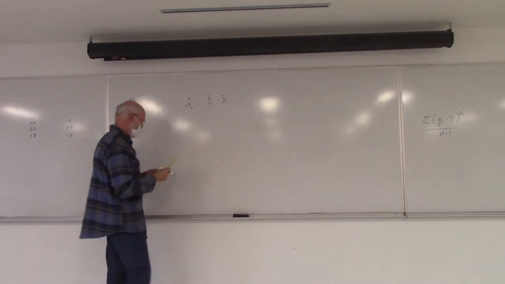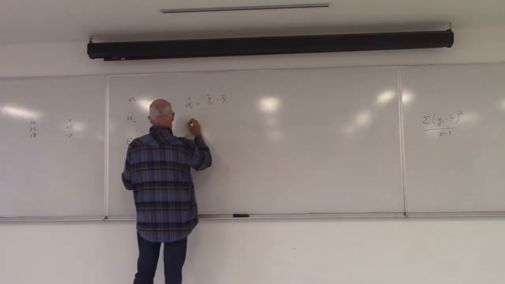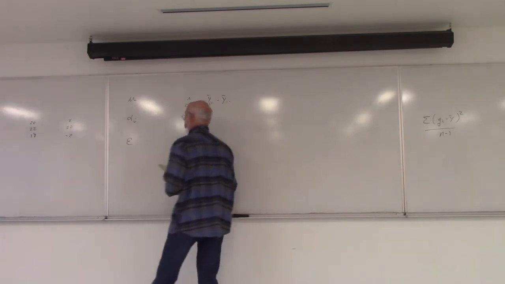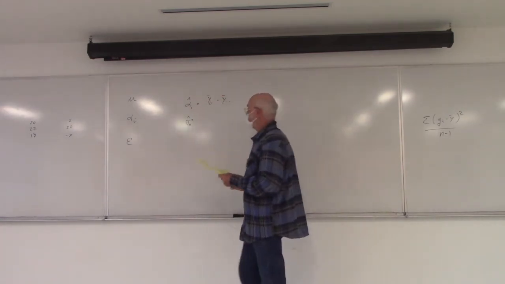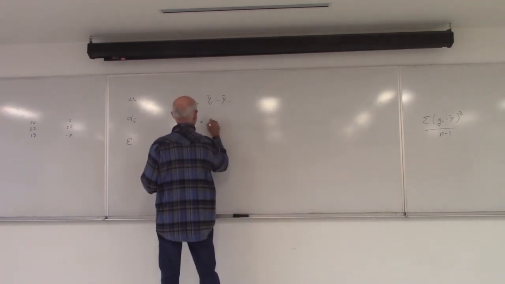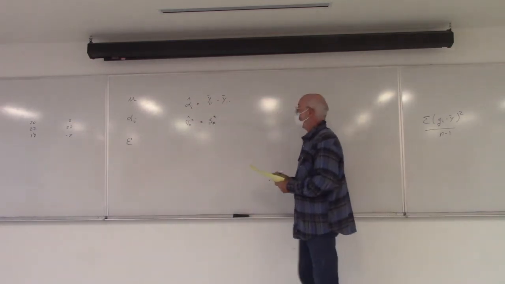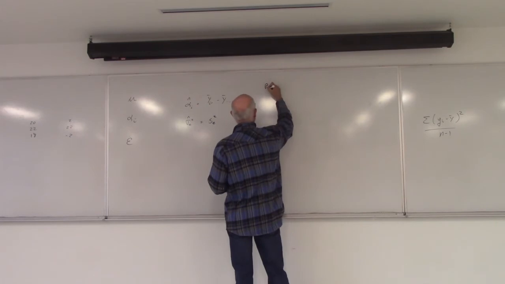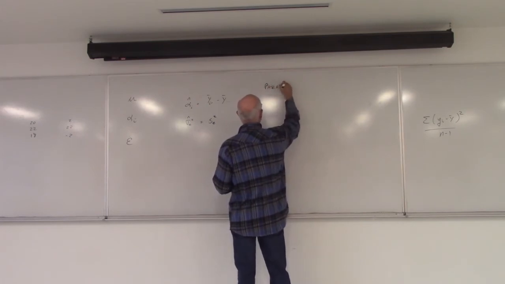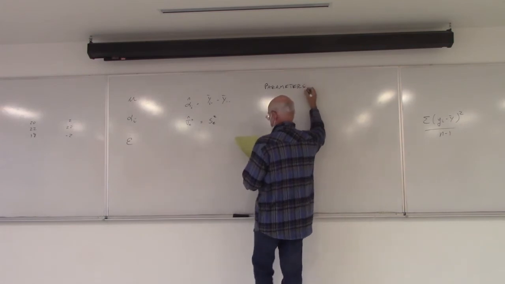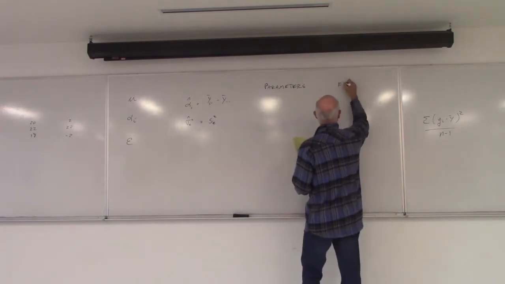We've already established that. Our estimate of sigma e squared, the little hat means it's an estimate, is equal to s e squared. Our parameters and our estimates.